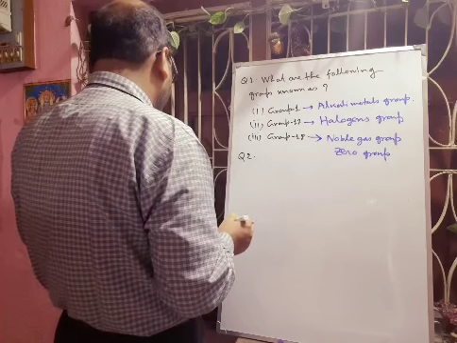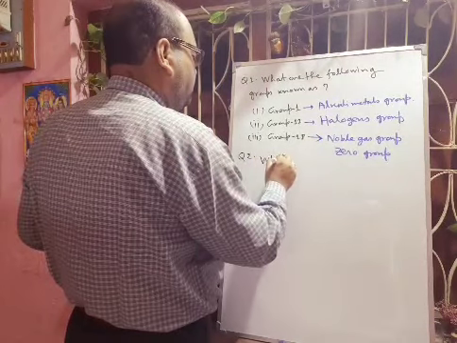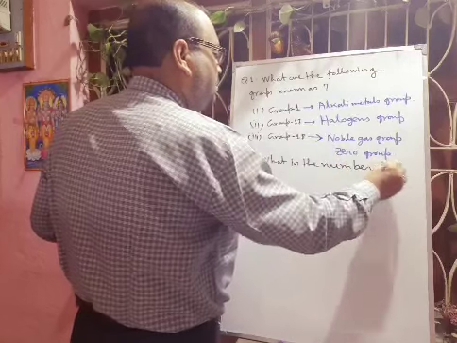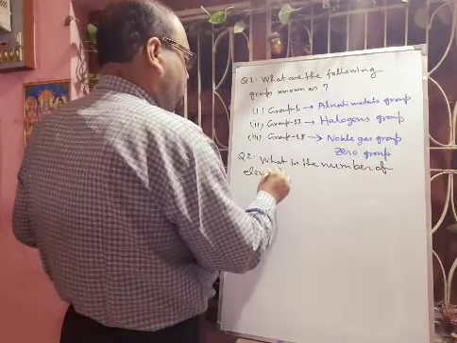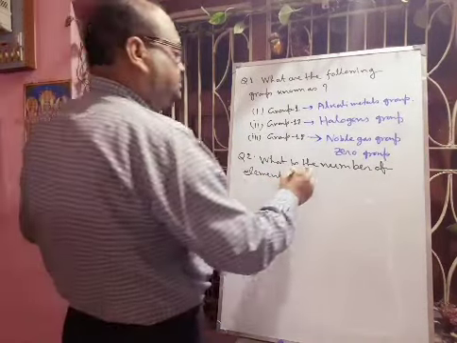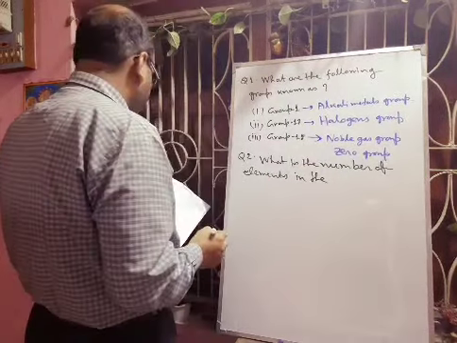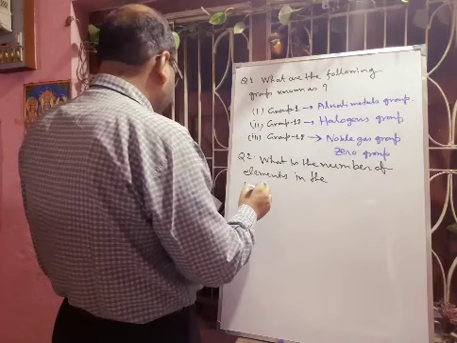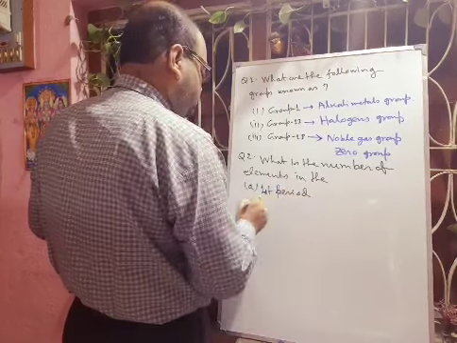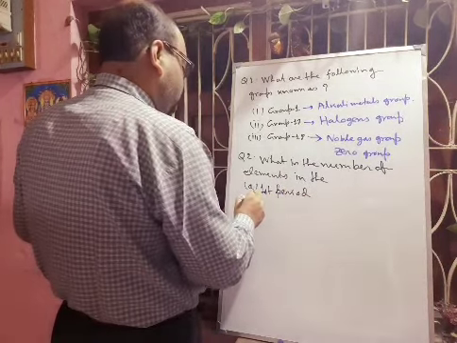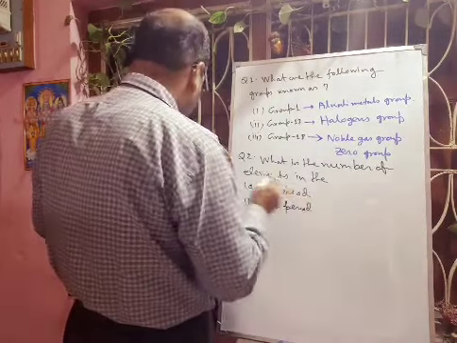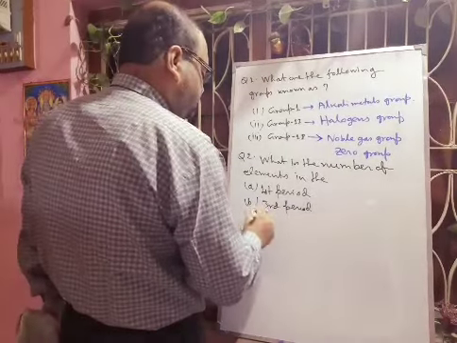What is the number of elements in the option A given first period, option B is given third period of the modern periodic table?